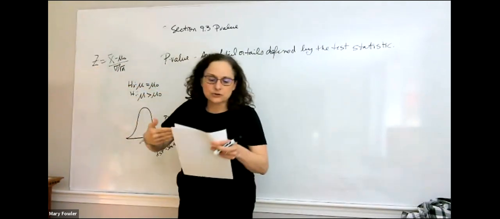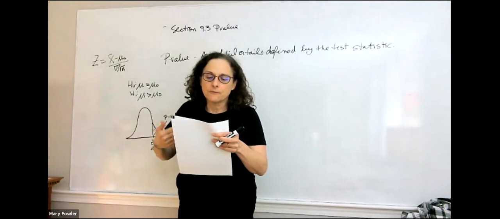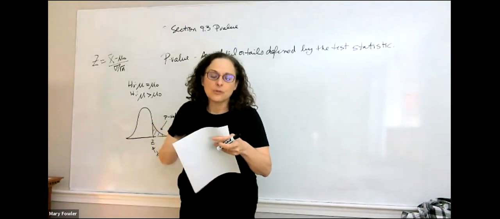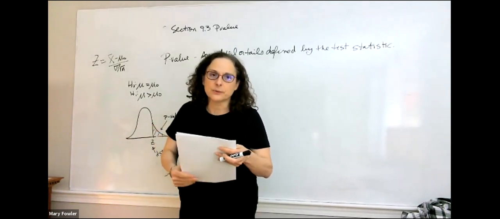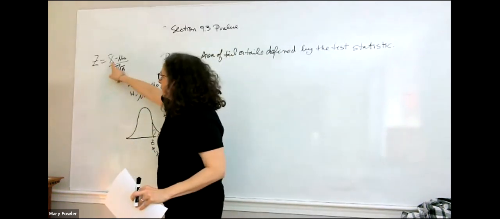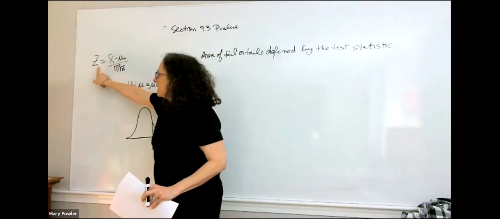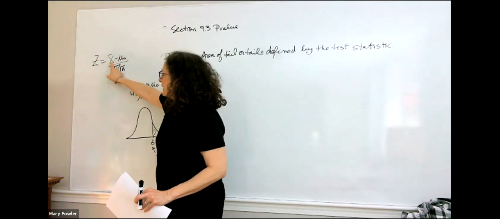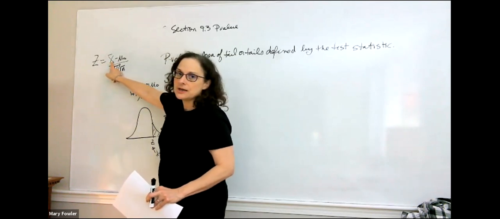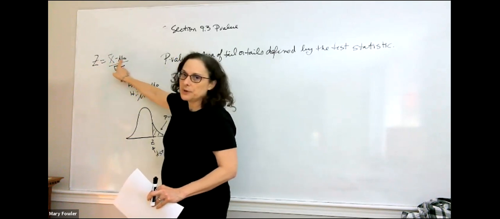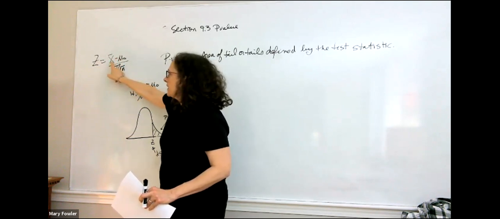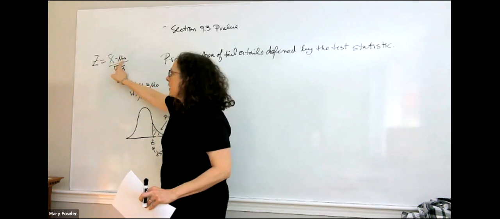And by extreme we mean farther from the null hypothesis. So if we look at the numerator of the test statistic, we can see it's a measure of how close the sample mean is to the null mean, right?